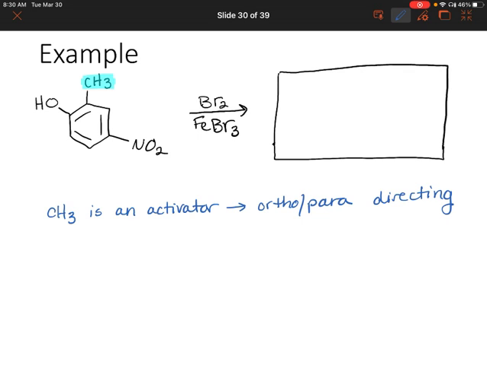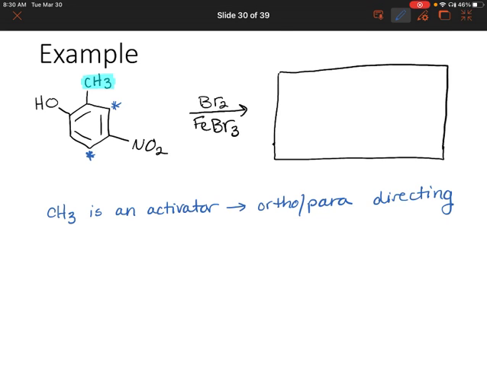Looking at our ring, one of the ortho positions relative to the methyl group is taken up by the alcohol. But the other ortho position is free, and the para position is free. So those are some possibilities.